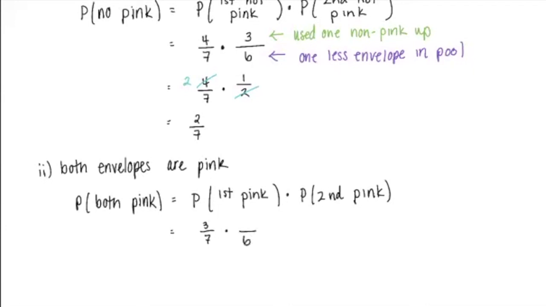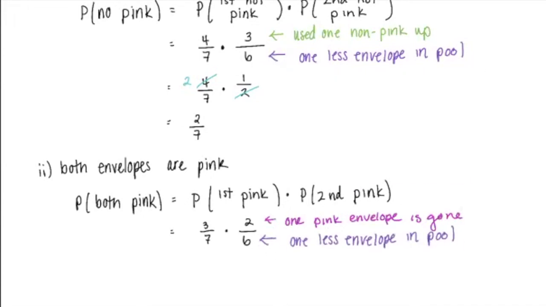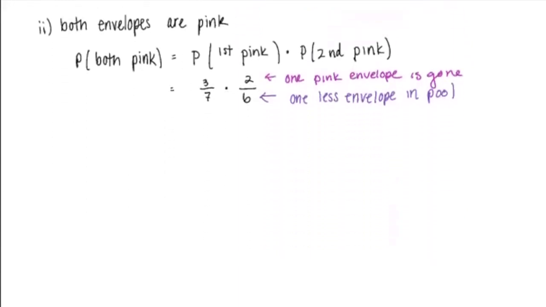So I only have 6 envelopes in total. I've used one of the pink up. So instead of 3 being left, I have 2. So here, 1 pink envelope is gone. And then we also have 1 less envelope in the pool still. And then likewise, we can simplify this. 2 over 6 is the same as 1 over 3. So really, the 3's cancel. Now you have a 1 in 7 chance of drawing 2 envelopes that are both pink. So a little better odds.